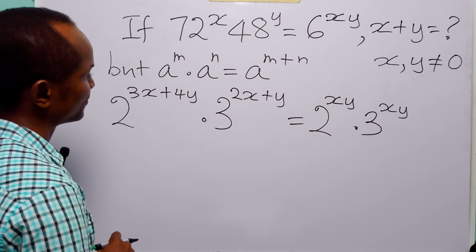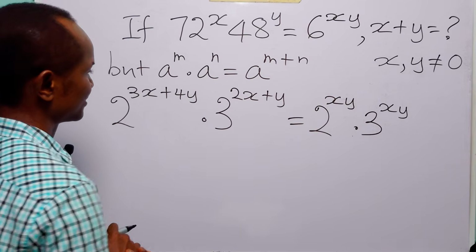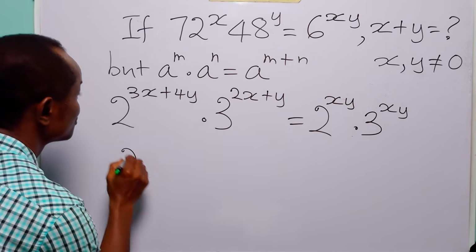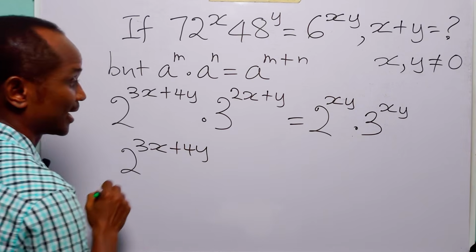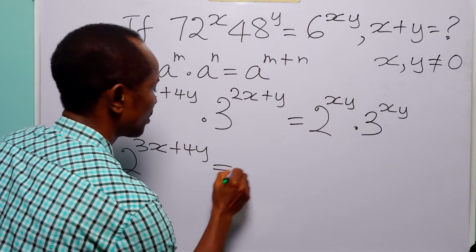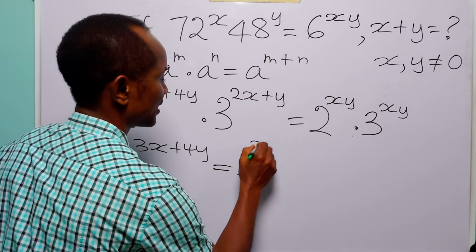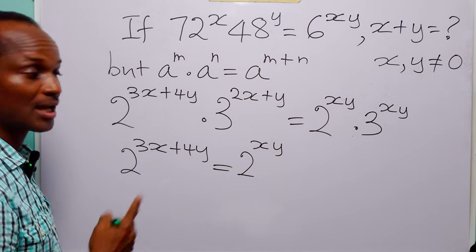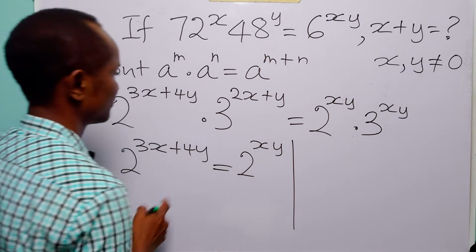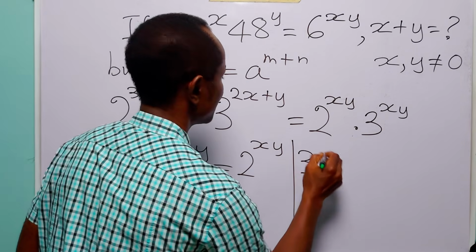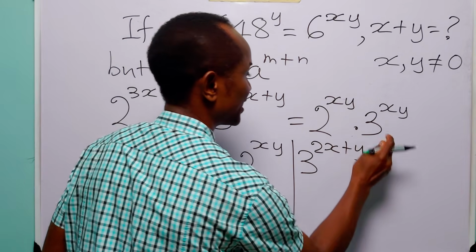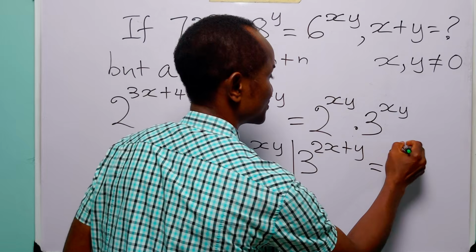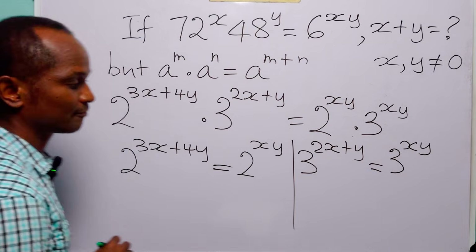Now, when you look at the left-hand side and the right-hand side and compare both sides of this equation, you will see that 2 to the power 3x plus 4y must be equal to 2 to the power xy. And in the same way, 3 to the power 2x plus y must be equal to 3 to the power xy.